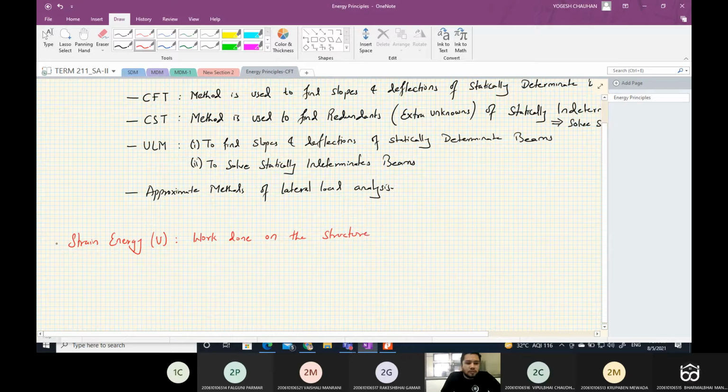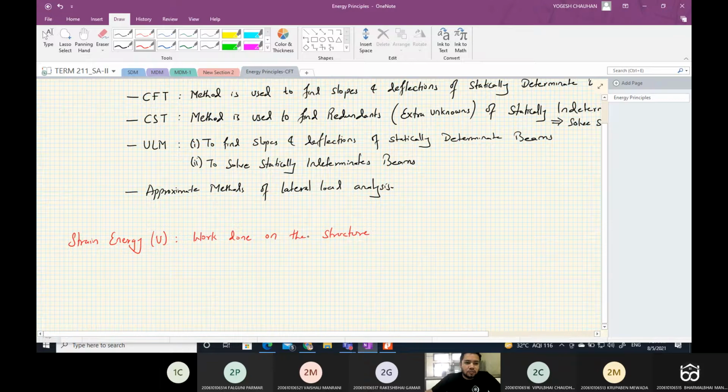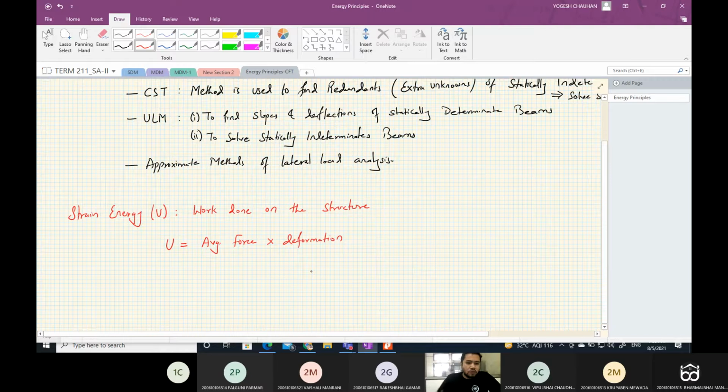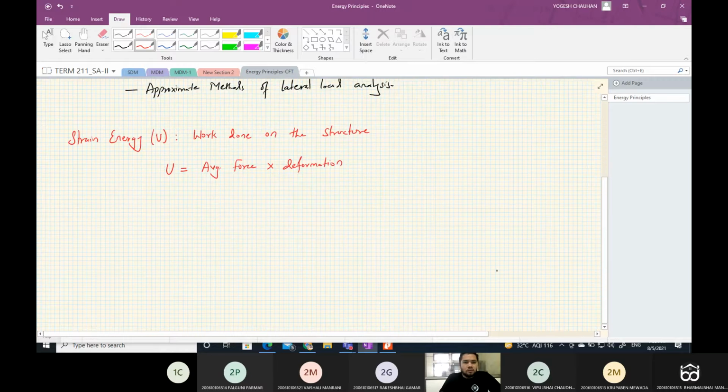Strain energy means it is the work done on the structure. You can express this as U is equals to the average force multiplied by deformation.